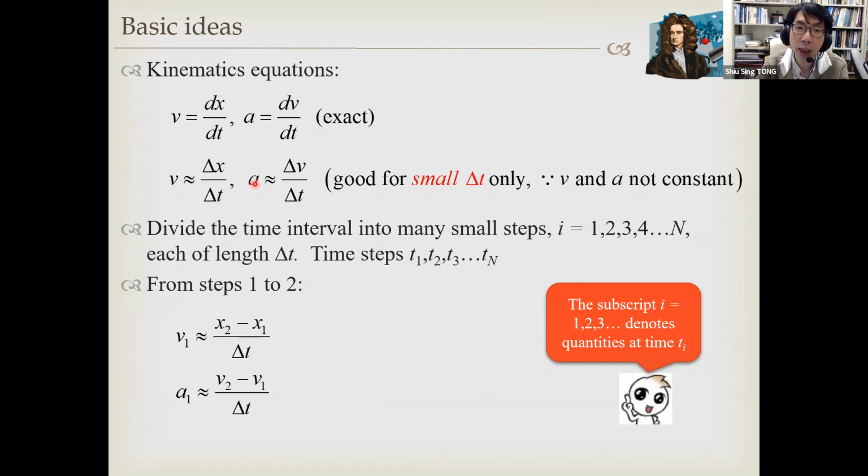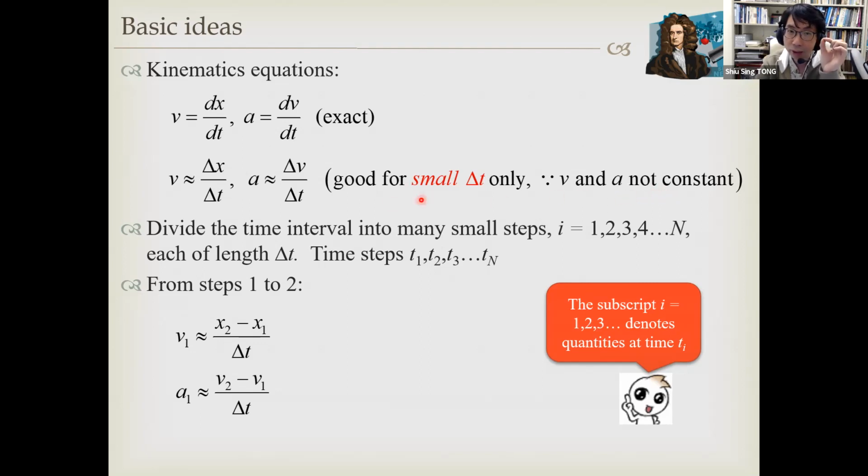Now you notice that I don't write the exact equal sign here, but I write a tilde equal sign, meaning that the equality is not exact, but approximately correct. The reason why these two expressions are only approximate is that v and a are both not constant in that time interval. They are changing slightly.